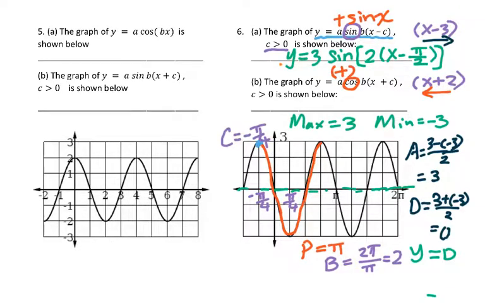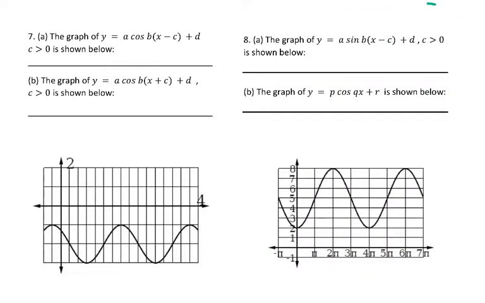Now I can write down the function: y equals A, that's 3 cosine. This pattern is positive. So we do B, that's 2, x minus negative pi over 4, that's a plus pi over 4. That's your answer for B.